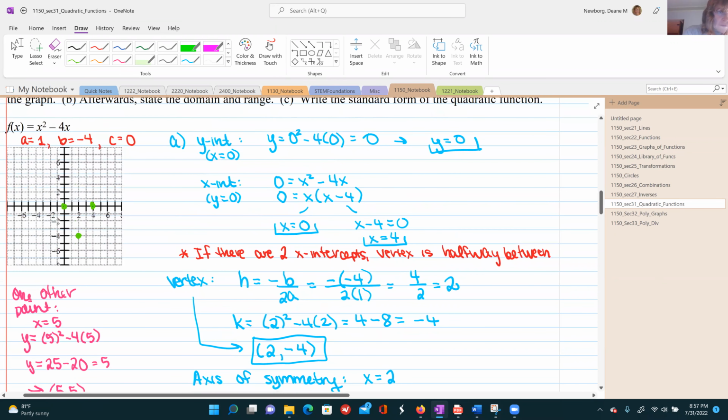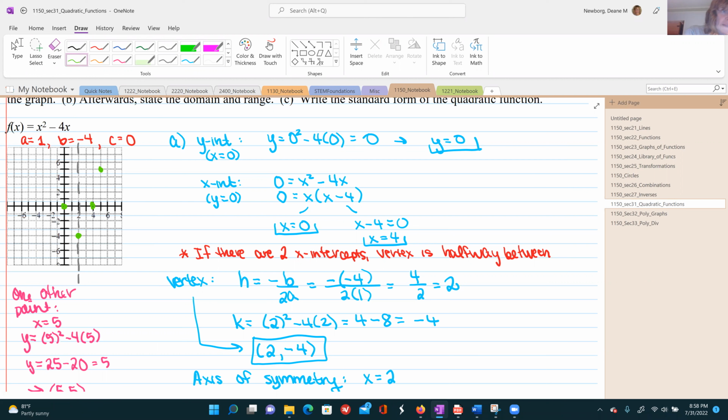Okay, so here's x equals 5. Now remember, the axis of symmetry cuts the parabola in half. It's that vertical line right through the vertex. And so I should have the mirror image of that point I just plotted, (5, 5), on the other side.